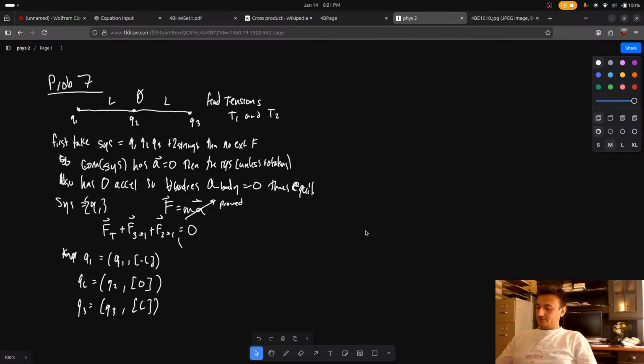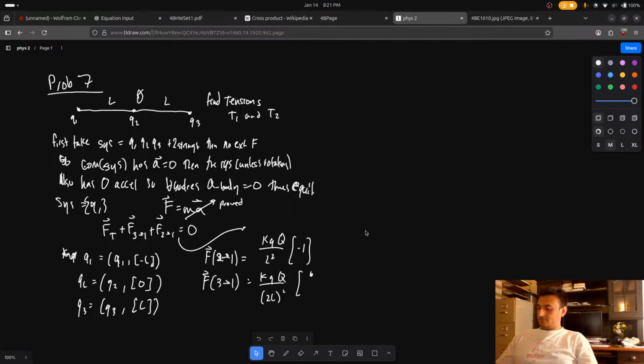Now we want to bring this over here, and we want to say that the F due to 2 on 1 is going to be equal to KQQ over L squared times minus 1. F3 on 1 would be KQQ over 2L squared, minus 1.